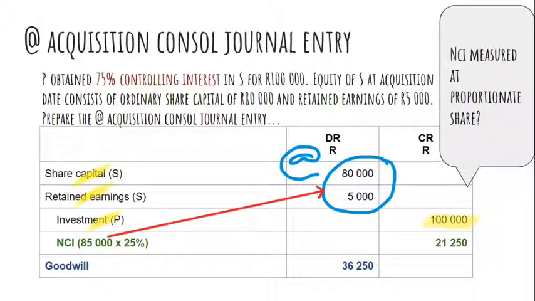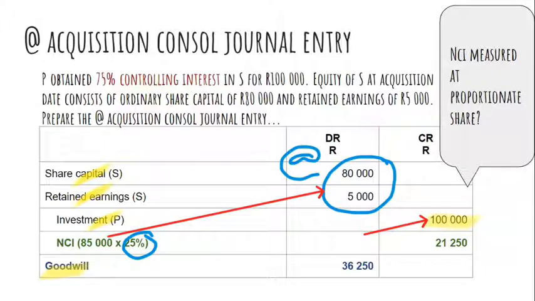So we debit the full 100% equity of the subsidiary, 75% of that eliminates against the investment made by the parent, and 25% of that is moved to an NCI balance at acquisition date. As a result of this, we end up with goodwill in this group of 36,250 Rand.